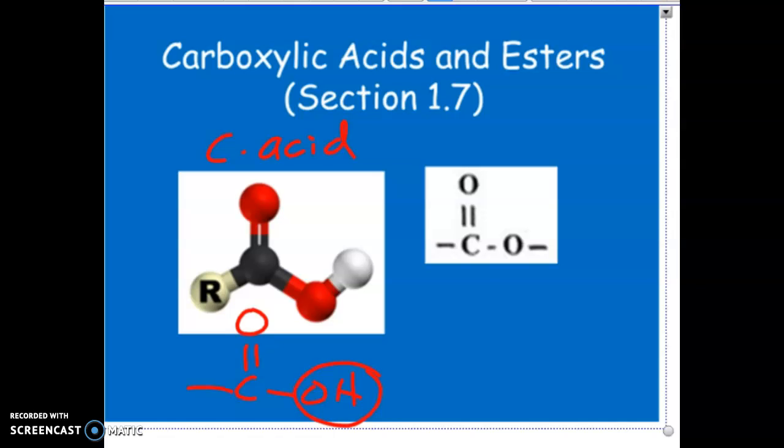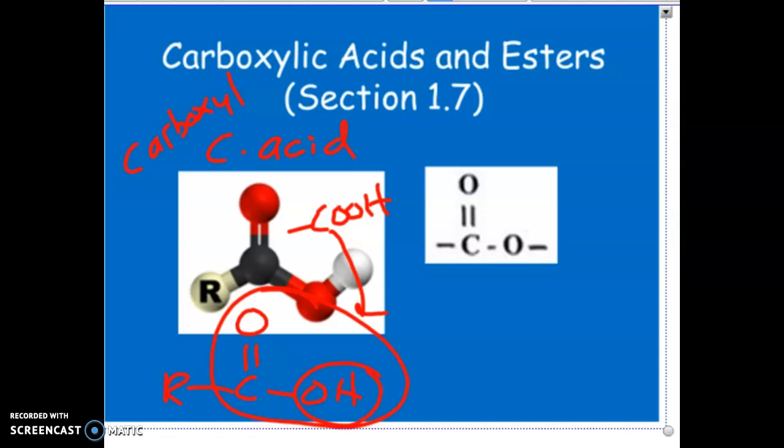Now on this side of the carbon you can have other carbons, so it's like an R group, or it can be a hydrogen. Really what you need to see is the C double bond O, OH. And sometimes for short, it will be written as COOH to represent this group. So this is called a carboxyl functional group.